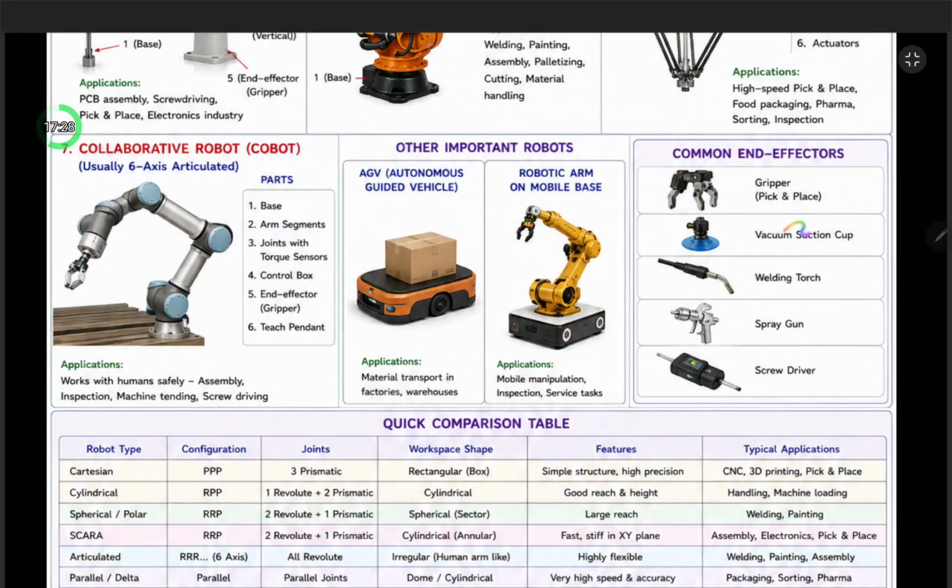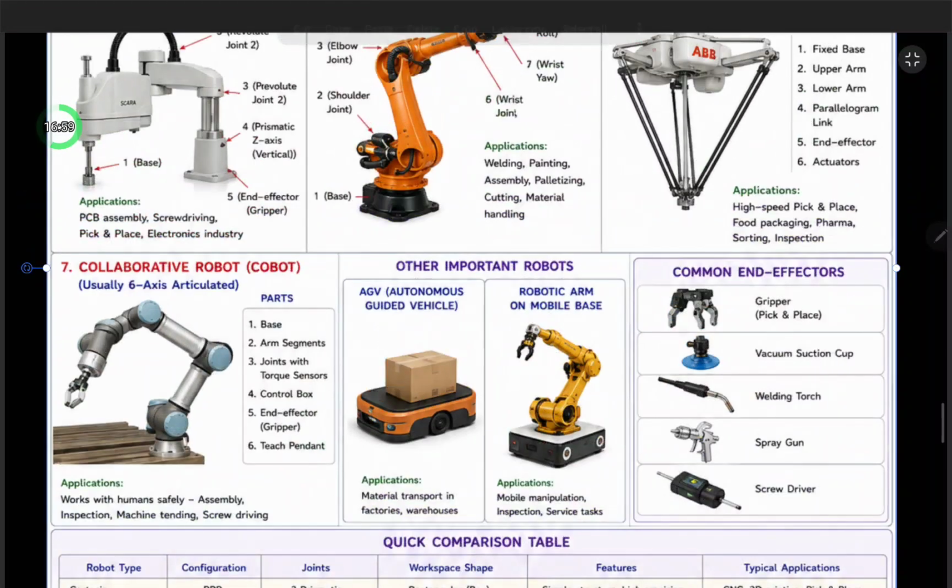Then the vacuum suction cup will stick to something, then pull it and place it somewhere else. Then welding torch, spray gun, screwdriver, these things are there.